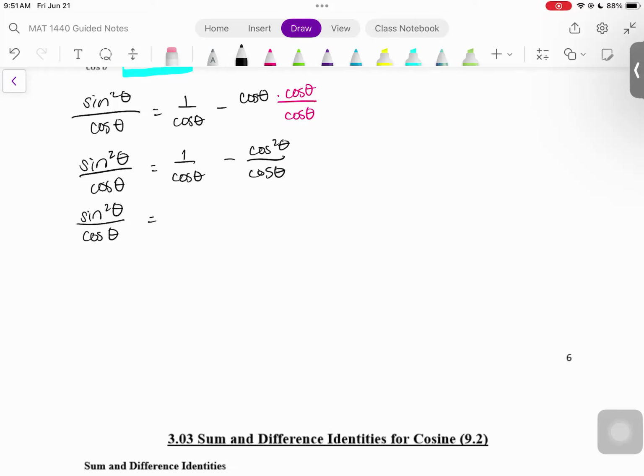Now I'm going to combine my two fractions since they have the same denominator: 1 minus cosine squared theta over cosine theta. And hopefully we're starting to see the light at the end of the tunnel. 1 minus cosine squared theta is sine squared theta from our Pythagorean identity, over cosine theta.